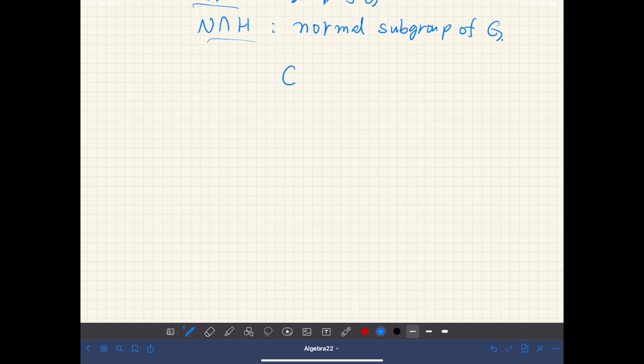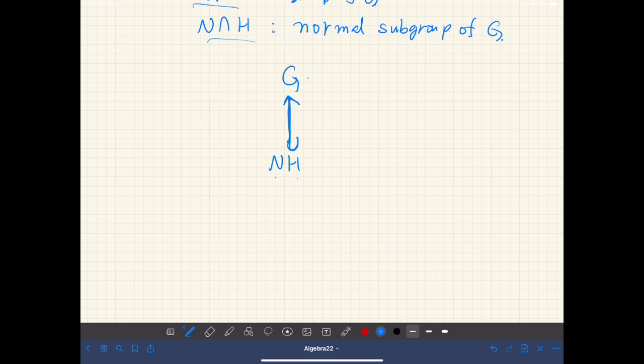So first we have the group G, into which the subgroup NH is embedded. So this curved arrow indicates that NH is a subgroup of G.